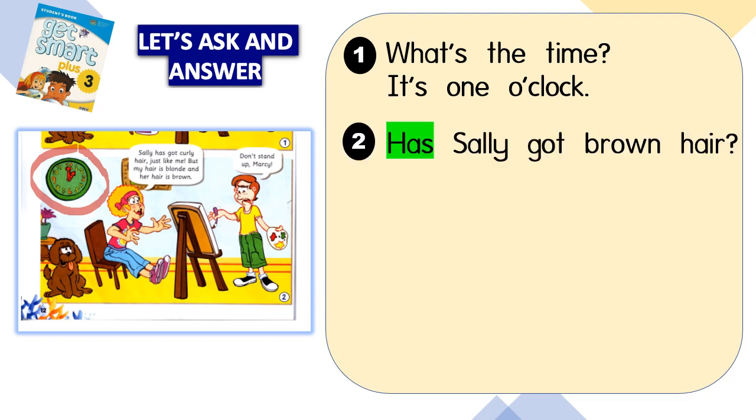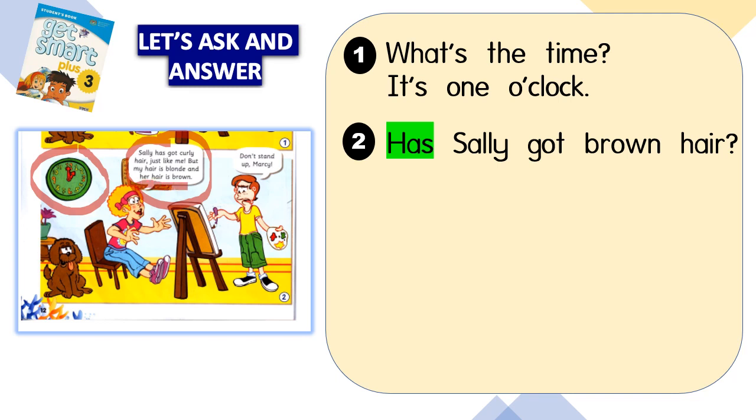Okay, number 2. Has Sally got brown hair? Look here. Let's read these ones again. Sally has got curly hair just like me. But my hair is blonde. What about Sally?